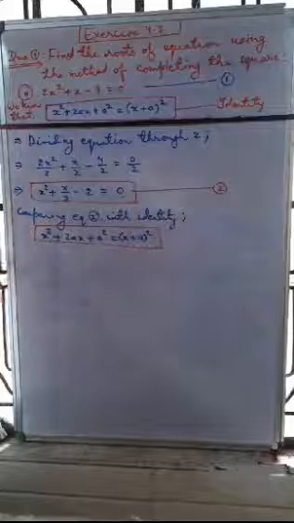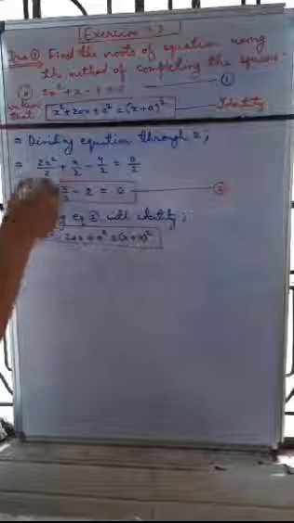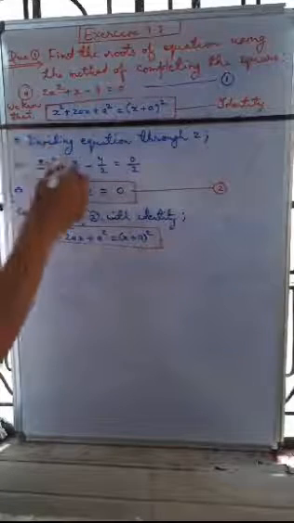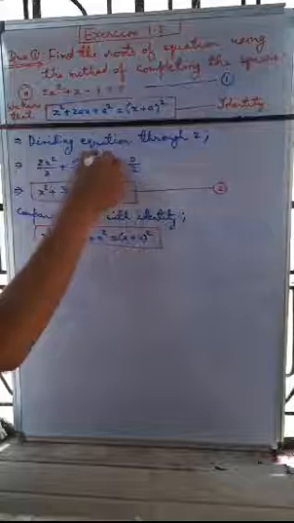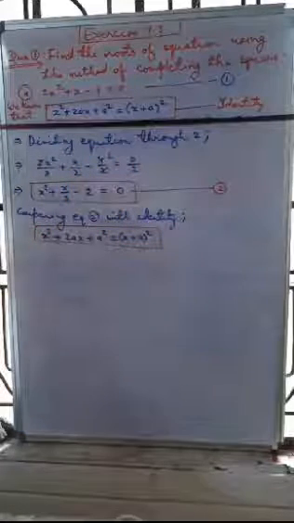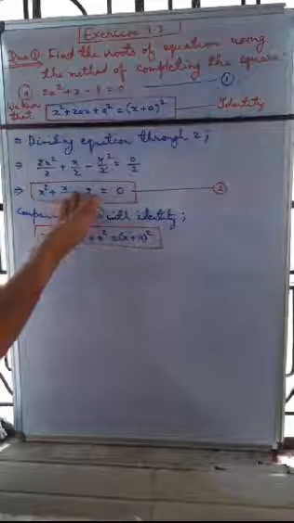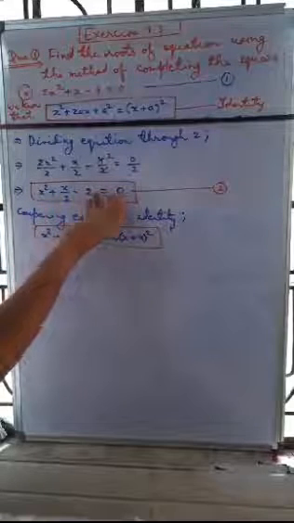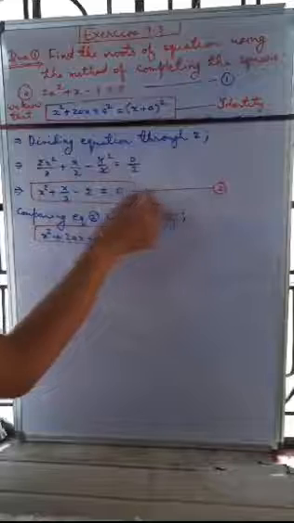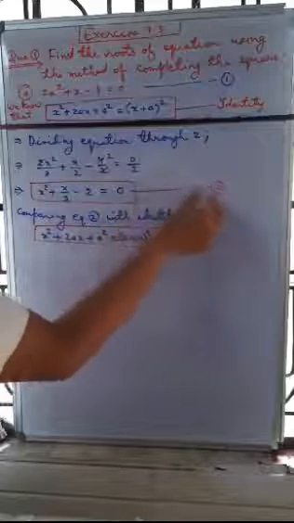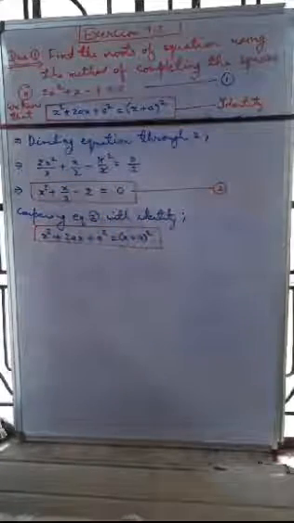Now the 2 cancels. So it is x square plus x by 2, 2 twos are 4, and 0 by 2 is equal to 0. So now we have x square plus x by 2 minus 2 is equal to 0. We can name this equation number 2.